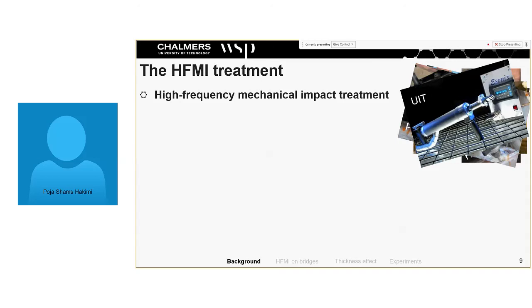In many articles, they say that if you can assure that you don't have any cracks in your current weld, which has been operated for several years, then you can perform this treatment, and it more or less restores the strength of the weld and removes any damage, so the damage becomes zero.